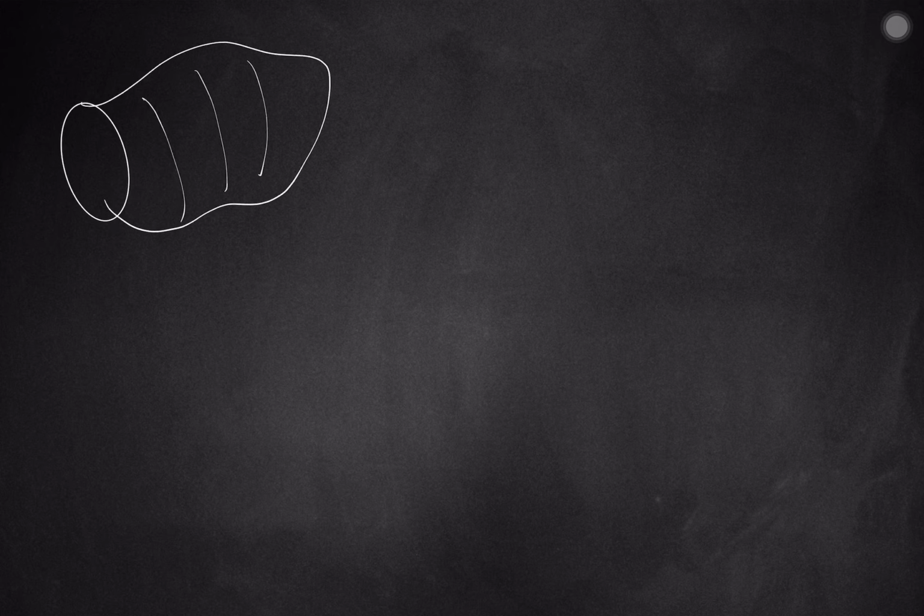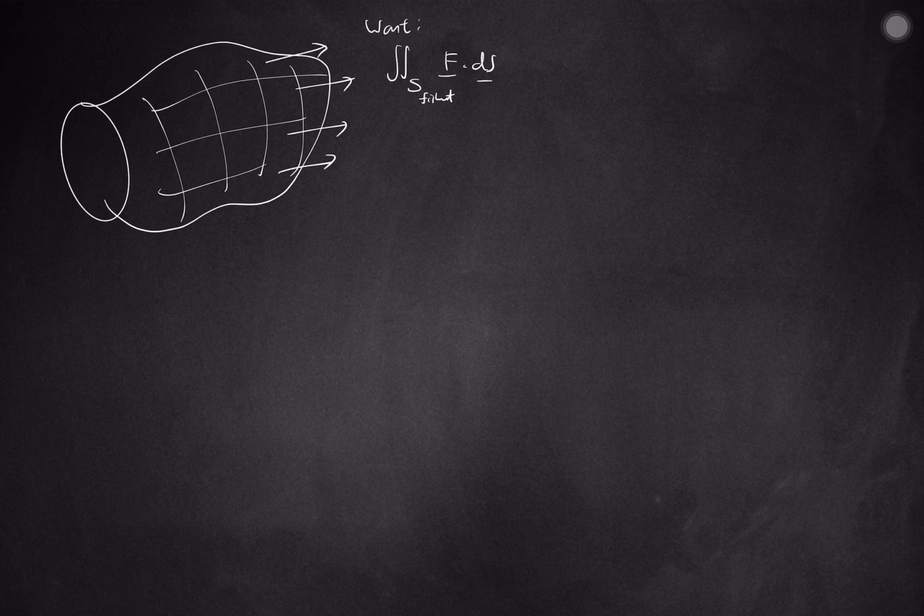We can do exactly the same argument, or a very similar argument. So if you go back to this fishnet, I want to calculate the surface integral of F dot dS. So I want to calculate the flux through the fishnet. Now we can use the Stokes theorem.